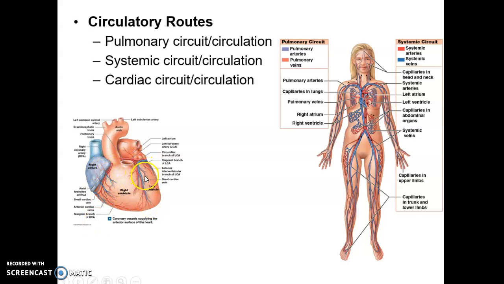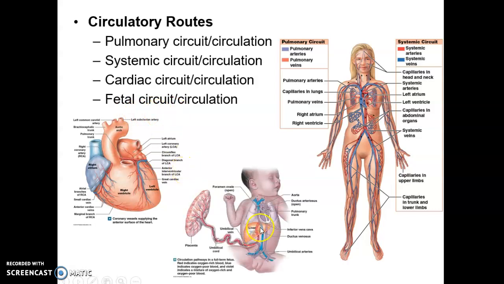Remember the blood supply, the coronary arteries and veins that are supplying nutrients and removing wastes from the cardiac musculature. And then we'll talk a little bit about the fetal circulation or the fetal circuit. Here we go. And of course, the lifeline, the umbilical cord, via the placenta to the mom's blood supply, cardiovascular system.